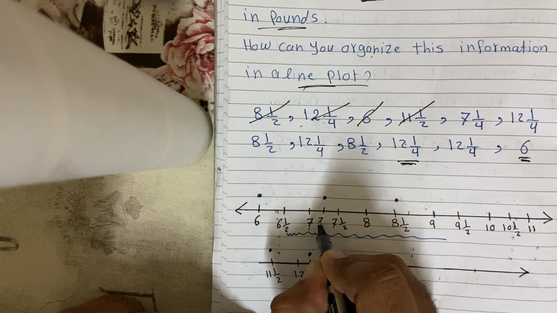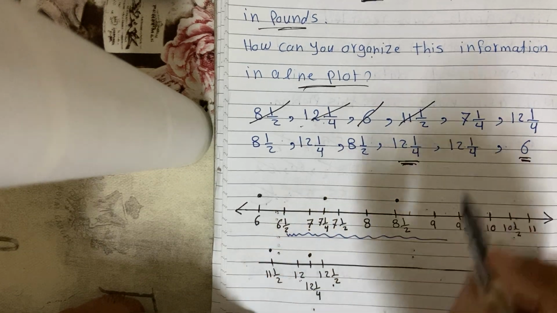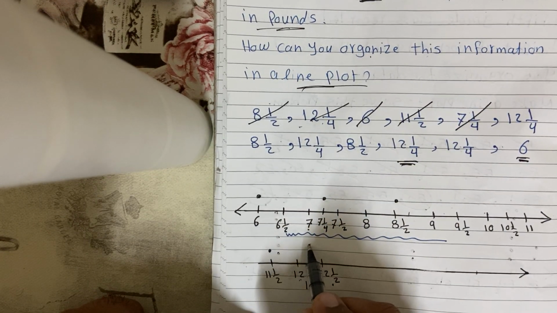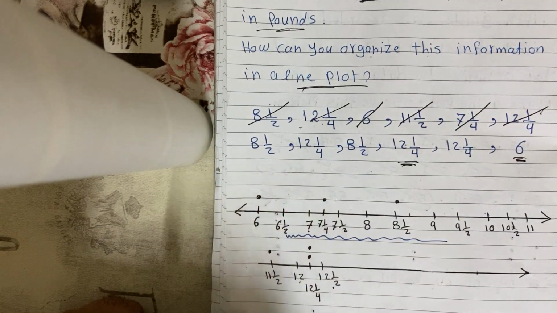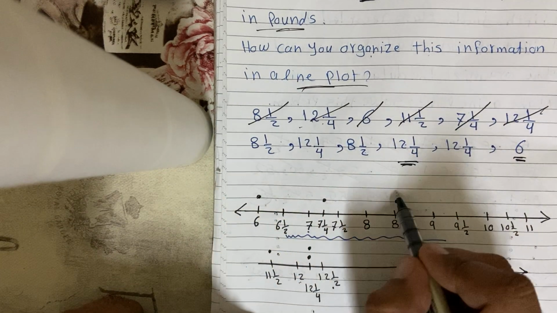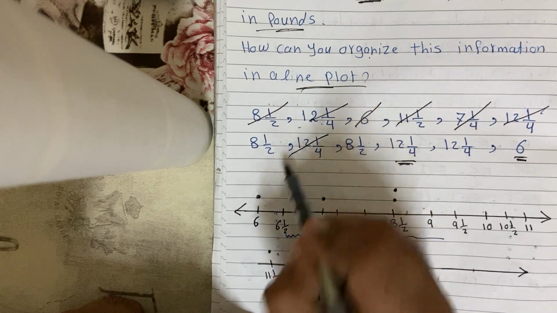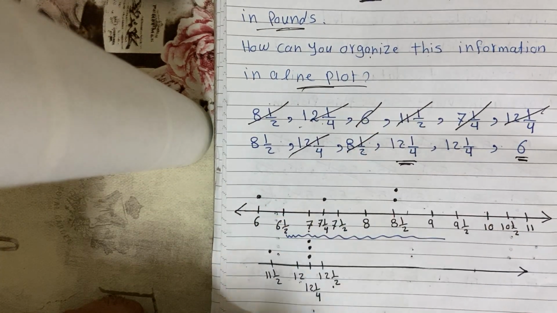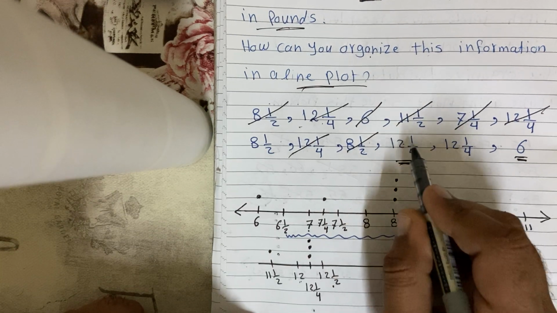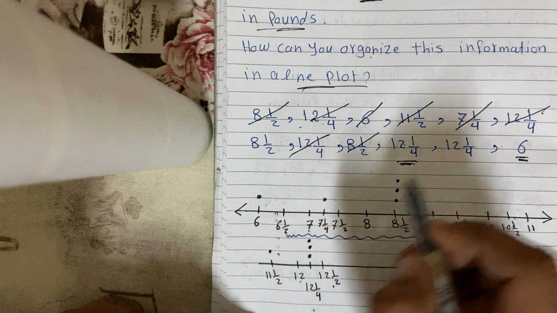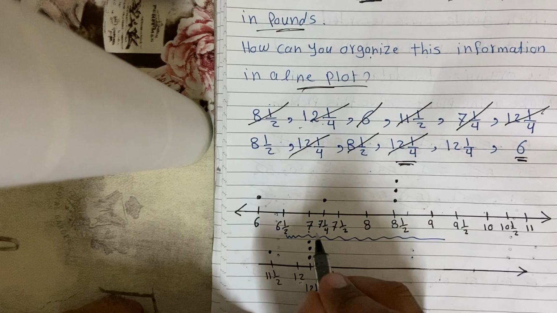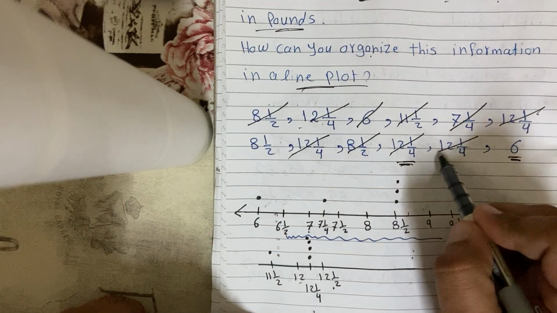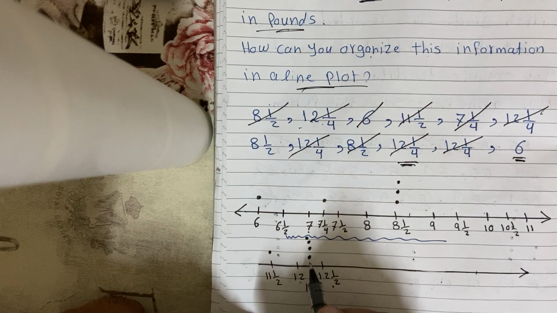So here, 7 and a quarter, 12 and a quarter here, one dot, 8 and a half here, 12 and a quarter again, one dot, 8 and a half again, one dot, 12 and a quarter, put one dot here, 12 and a quarter again, put one dot here.